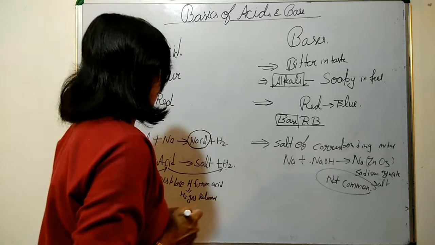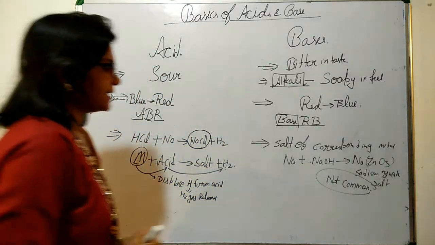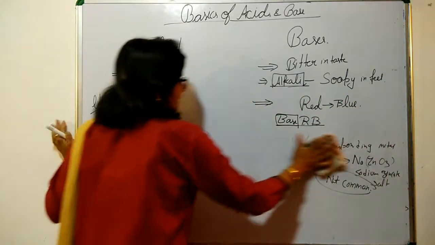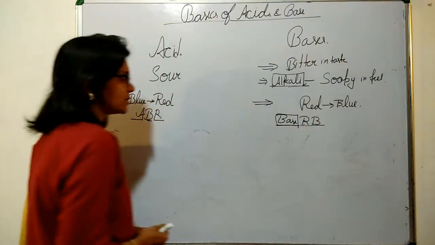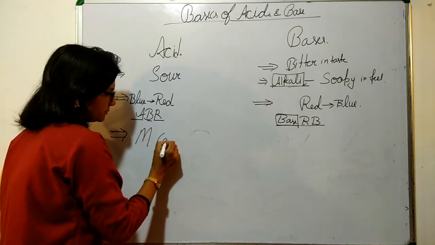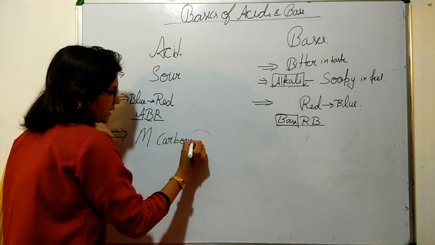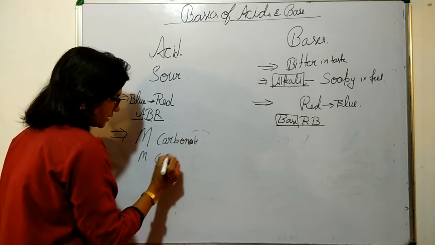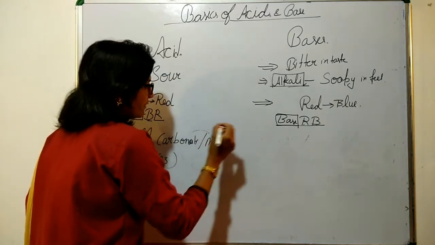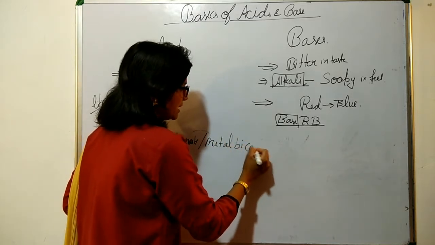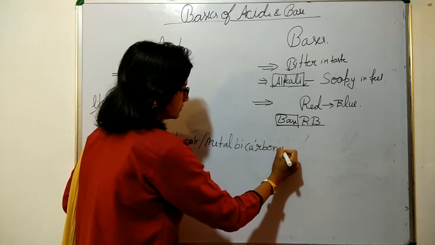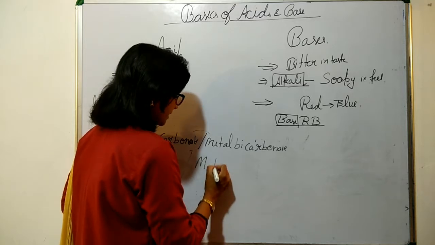Then the next is what happens when the metal carbonate or bicarbonate reacts with the acid or base. With the base there is no reaction, but when metal carbonate or metal bicarbonate, whenever there is the term bi used, it means it has a hydrogen group. So we can represent it like this.